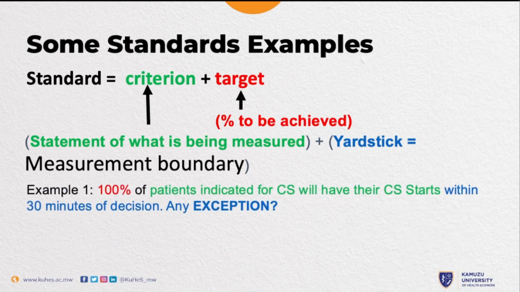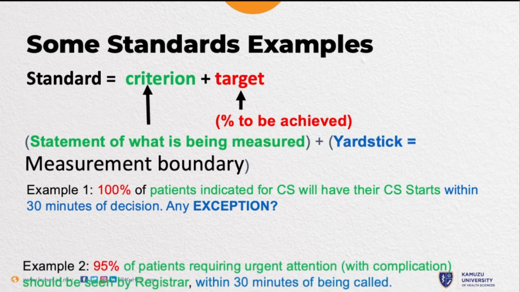Another example here: 100% of patients indicated for C-section will have their C-section start within 30 minutes of decision. All right, 100% is the target. What is the criteria? Patients indicated for C-section will have their C-section start. Boundary within 30 seconds. All right, 30 minutes, sorry.